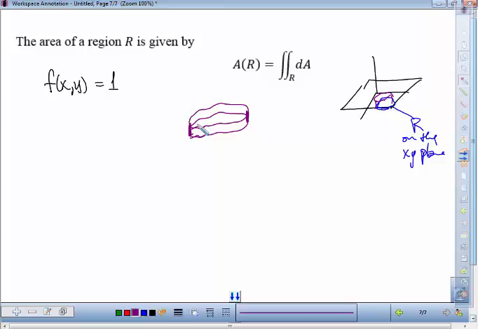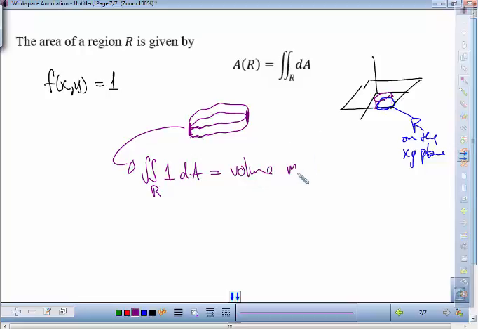So you could think about this as some volume that we're measuring in meters. The integral that you would get for this is equal to the volume in cubic whatever measurement we're using. But since the height is 1, it's like multiplying the area times 1, right?